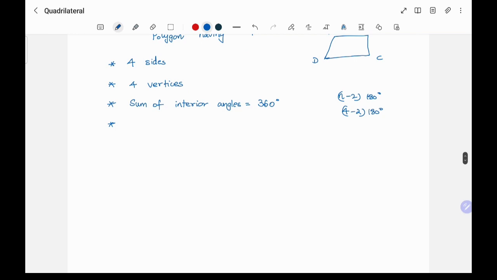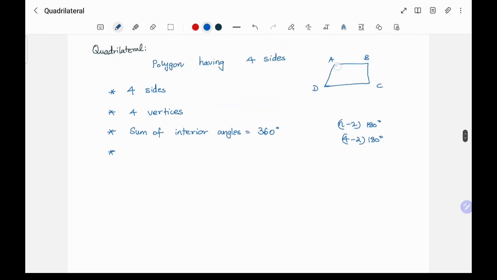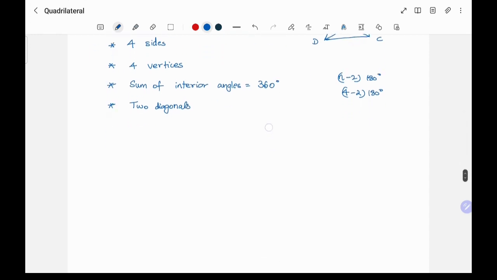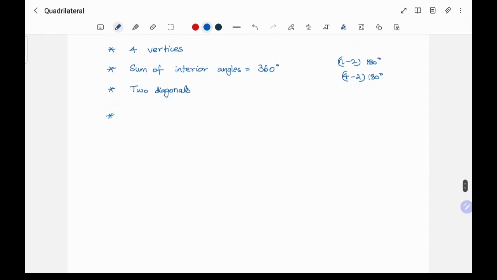Okay. And they also have two diagonals. This is one and this is the other. And if you have any quadrilateral, you can draw one diagonal, say of length d1, and if you draw the perpendiculars from the other two vertices to this diagonal, say h1 and h2, then you can see it's like two triangles, right?